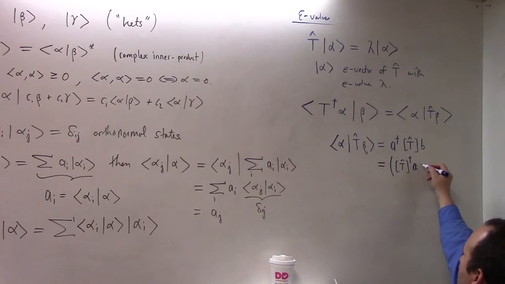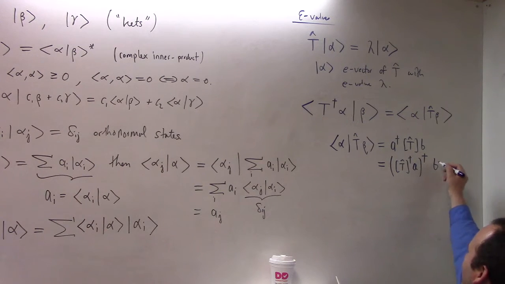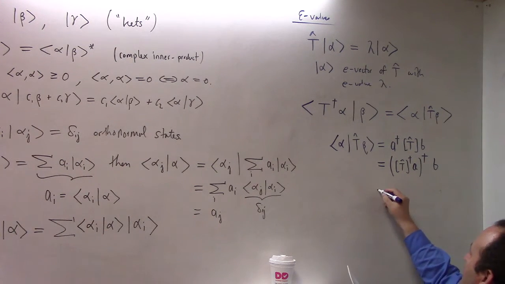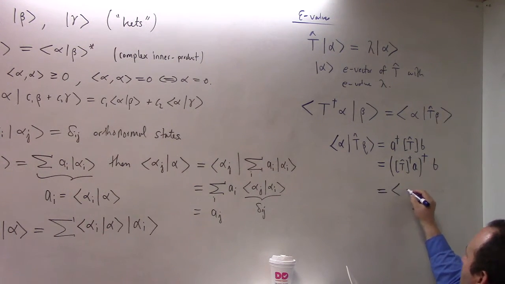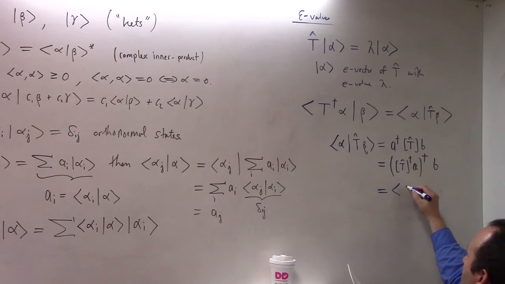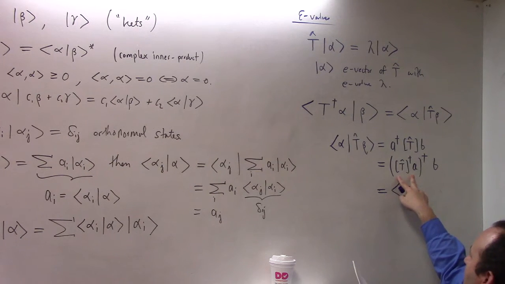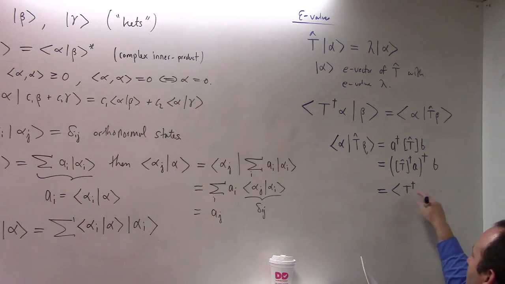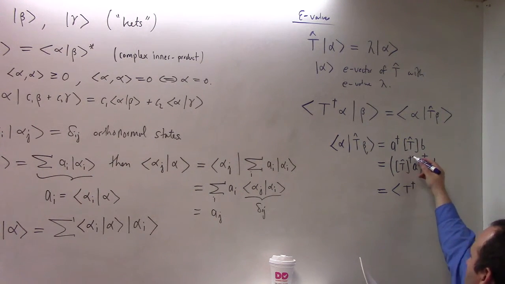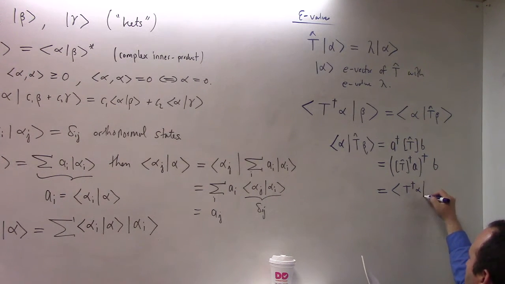So that's A, conjugate transpose B. Okay, so then that is the bra vector T. It's the vector that comes from this abstract vector, T dagger acting on alpha. And there's the rest of the verbal pun.